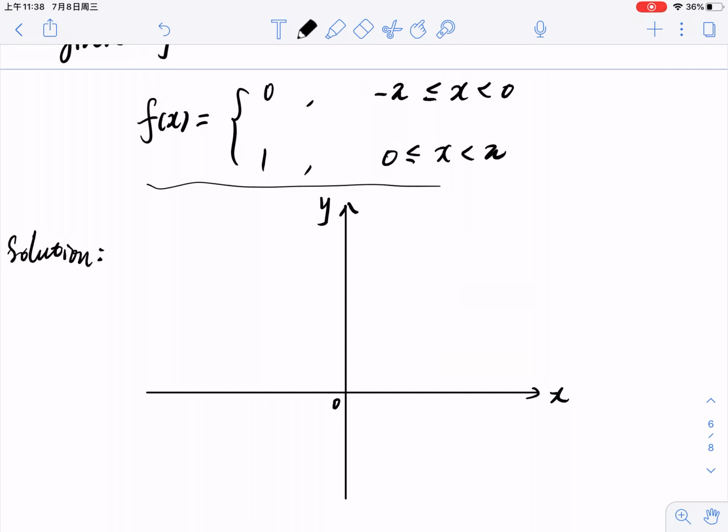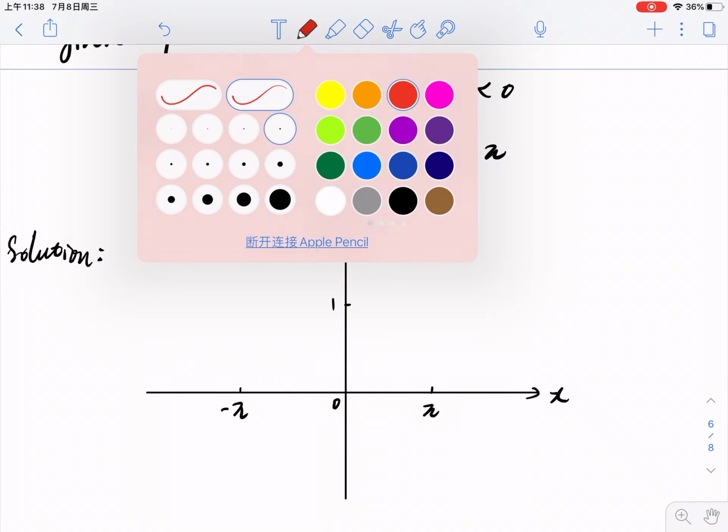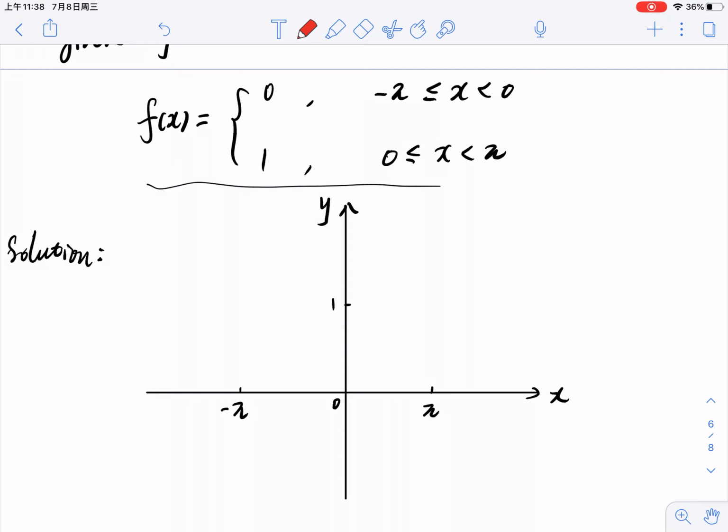The values are 0 and 1, and the interval is negative pi to pi. When x is between negative pi and 0, f(x) is 0. So negative pi is included, 0 is not included.